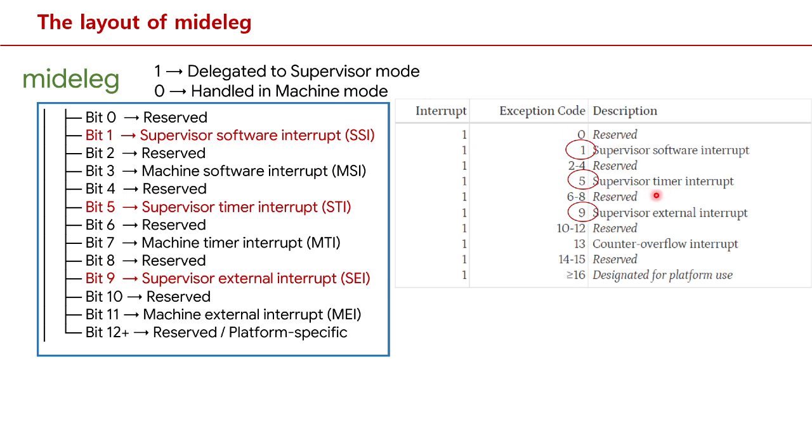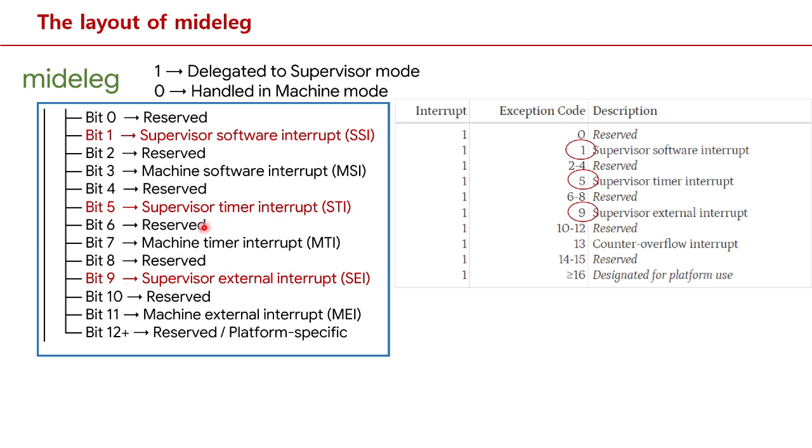As for the supervisor timer interrupt, the value of the exception code is 5. So if you set the fifth bit to 1, this interrupt will be taken to the supervisor mode instead of the machine mode.